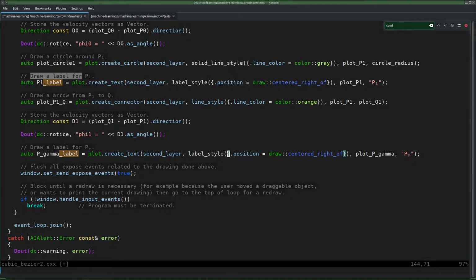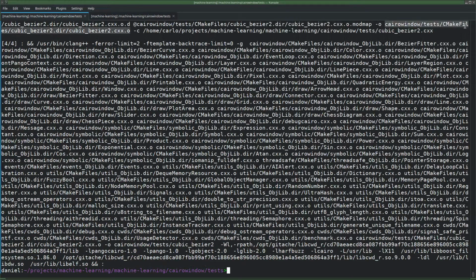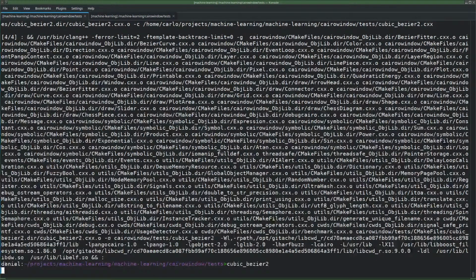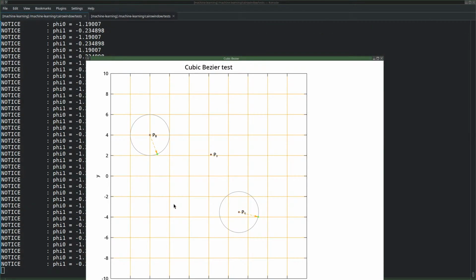The 1 second label, label style, position, send it right off. It's the same as the others, so it's good. Don't need this sheet. Now we have all the degrees of freedom.